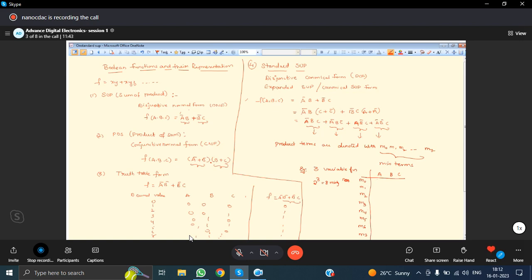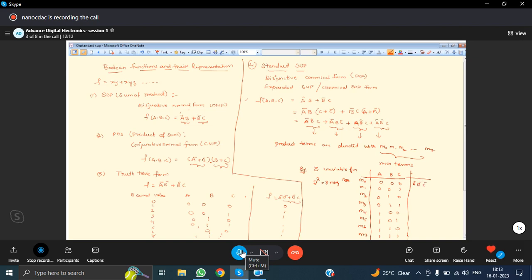So M0 is 0 0 0, then 0 0 1, 0 1 0, 0 1 1 and so on, with 0 for complemented and 1 for uncomplemented. So how do you write the minterms? M naught will be equal to A bar B bar C bar.